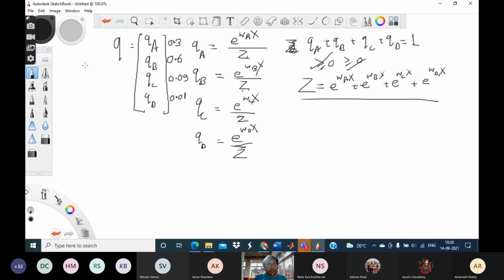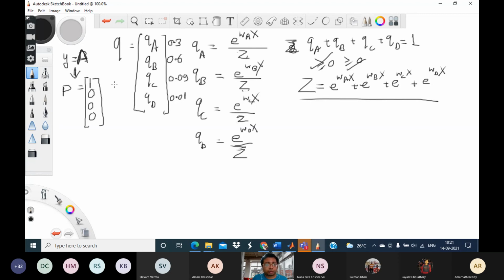Now I have to compare it with my true label, which is y equal to A. If y is equal to A, then I need to encode it with a probability distribution like 1 0 0 0.